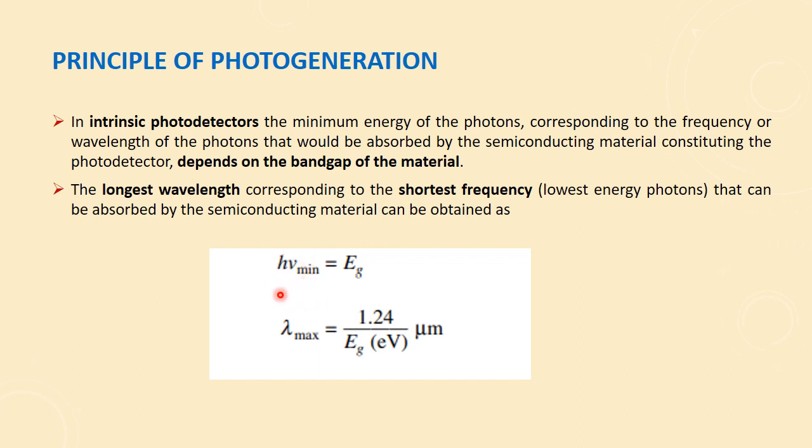That is calculated as hν minimum equals Eg. From this we can find the longest wavelength for that particular semiconductor material: λ maximum is 1.24 divided by the energy band gap of the semiconductor material in electron volts, and the unit for λ maximum is micrometer. So this is the formula.